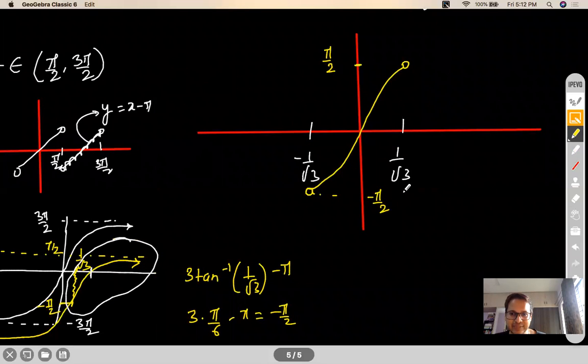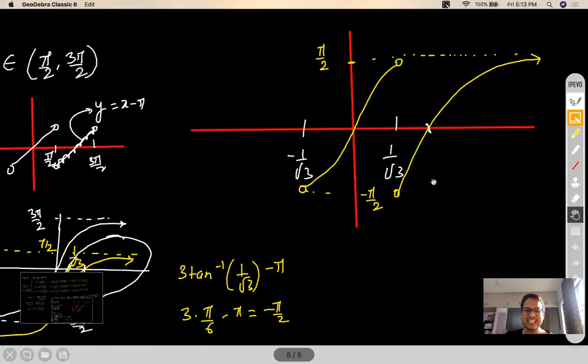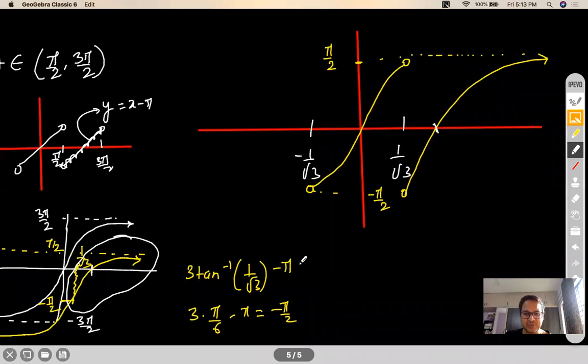All of you, please pay attention. Please note it is not going to achieve pi by 2. So pi by 2 will be asymptotic. Now, where do you think it is going to cut the x-axis? What value will be there? So obviously you will say, sir, when this graph becomes a 0.